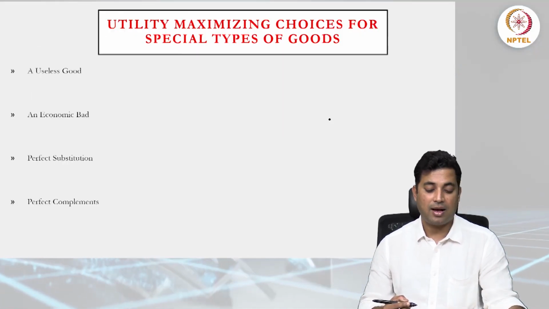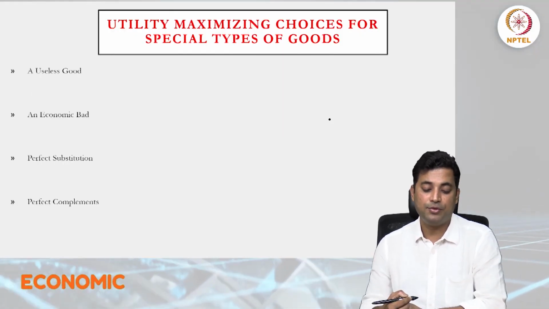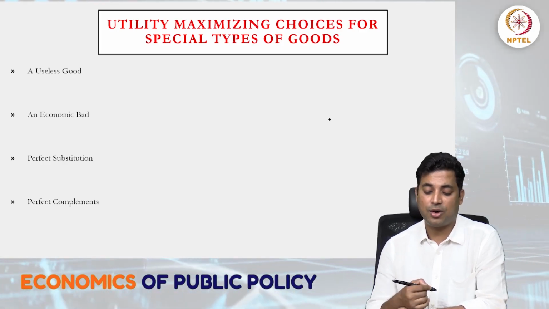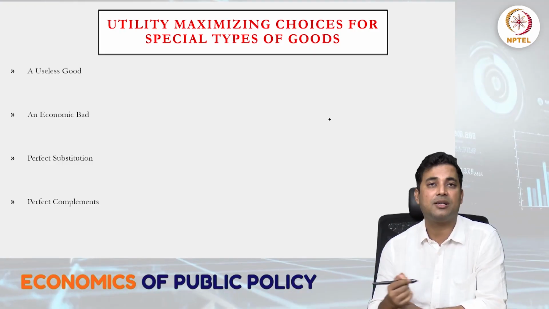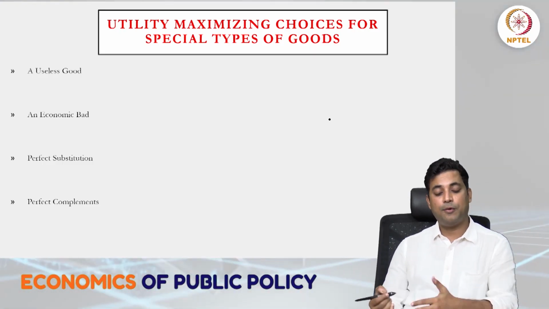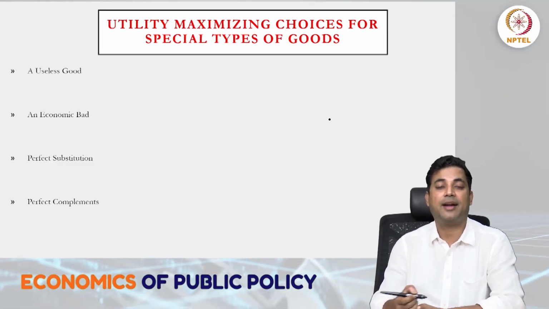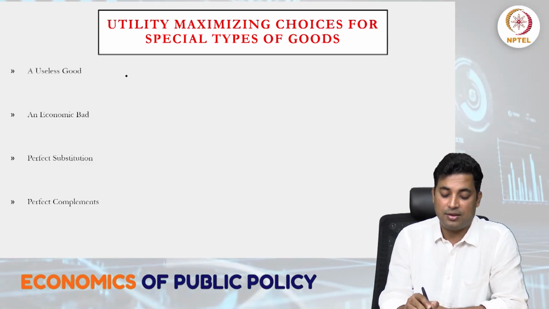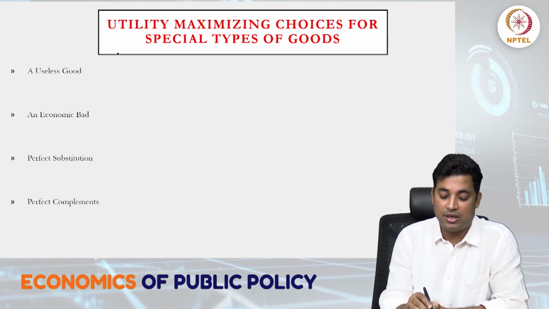And now let's move to utility-maximizing choices for special types of goods. These four special types of goods we already took into account in our previous lecture in the context of utility.